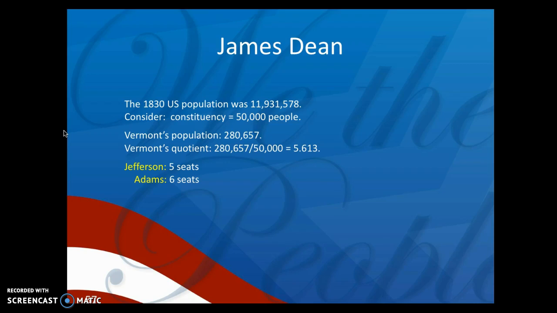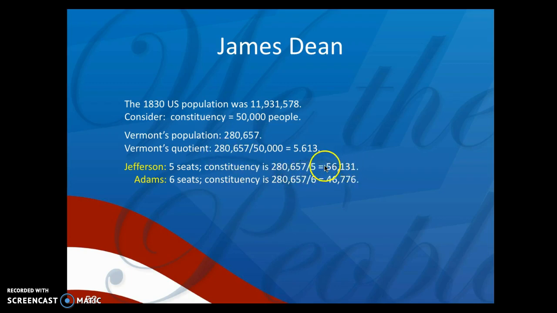congressmen. Adams' proposal was to round up. Just move that 5 up to 6. And notice Webster would also say to round up because 5.6 is greater than 5.5. But I want to focus on this weird Dean's method, James Dean. So notice if you take Adams' proposal with 5 seats, the constituency is 280,000 divided by 5.